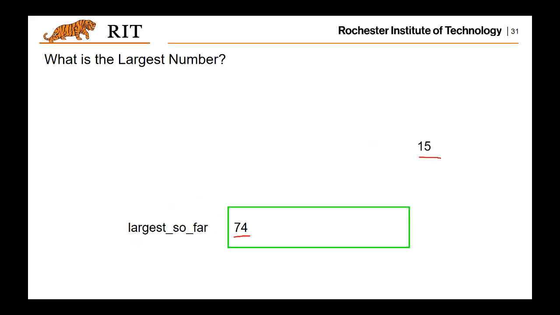And that's the end of the array. And it turns out the largest number is 74. So that's how we find the largest one by looping through this array from the very beginning to the end.